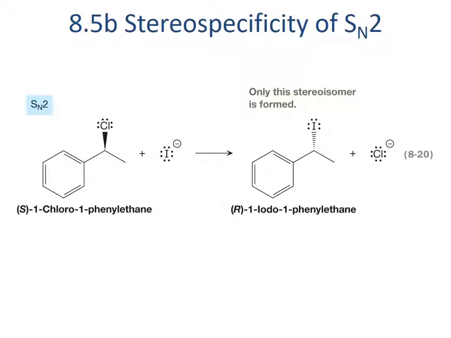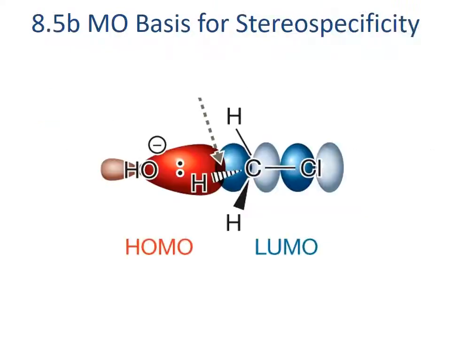We just saw that reactions with unimolecular substitution mechanisms will give mixtures of products. The reaction shown here proceeds by a bimolecular substitution. Notice that the iodine ends up only on the opposite side from the chlorine that left. Only one stereoisomer is formed. Let's pin that.